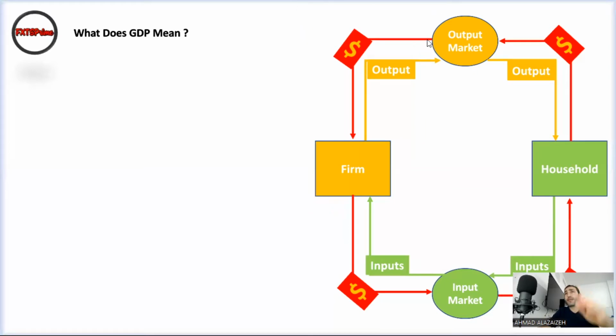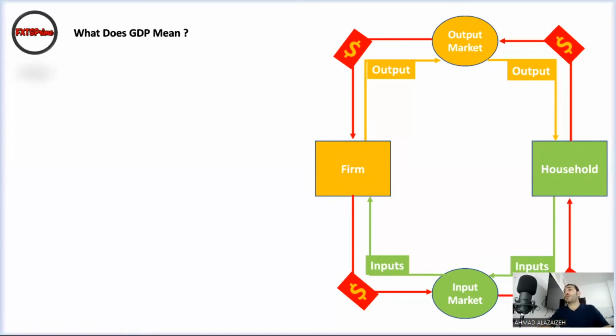So let's think of it as money given to the firm, and the firm will pay the wages and the rent and the profit to the input market, which by the end is owned by the household. So we can say this is an income, and this is also income money. We call this money income for the household. So the household are individuals.